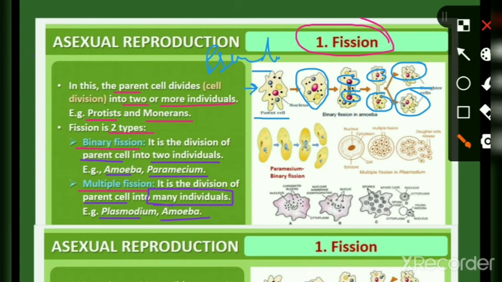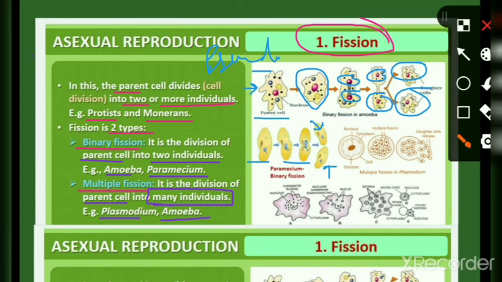The same type of binary fission takes place in paramecium. Before division of paramecium, the nucleus is divided into two nuclei, and after that the cytoplasm is also divided into two, and with this process one paramecium is divided into two paramecia.